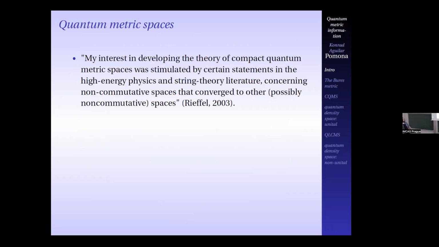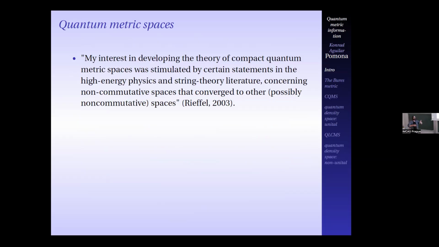Okay, quantum metric spaces. I'll probably go through this stuff and some technical details later, because Ara did a great job already introducing these things. But I had to use this quote from Rieffel, a reminder that these things started because of this convergence of spaces. I'll read this quote: "My interest in developing the theory of compact quantum metric spaces was stimulated by certain statements in the high energy physics string theory literature concerning non-commutative spaces that converge to other possibly non-commutative spaces."